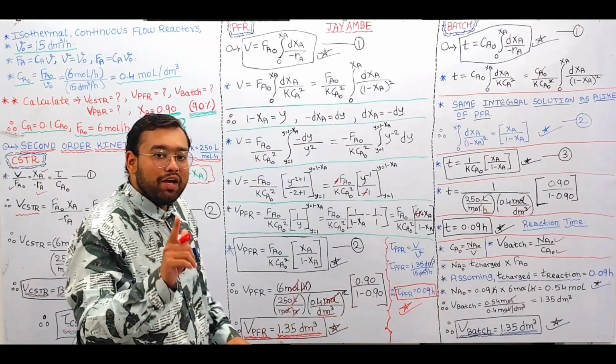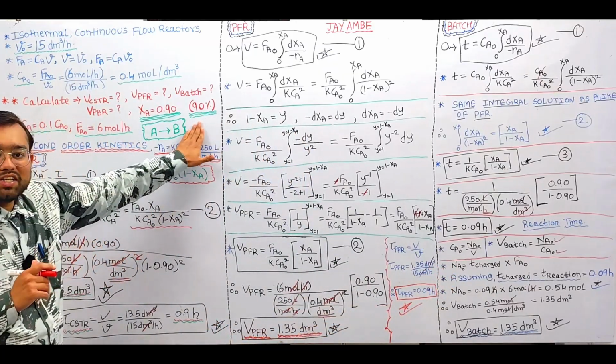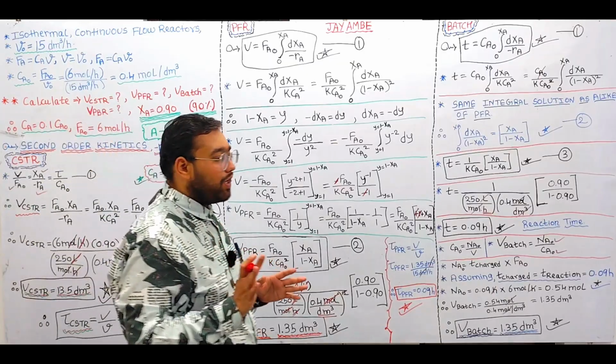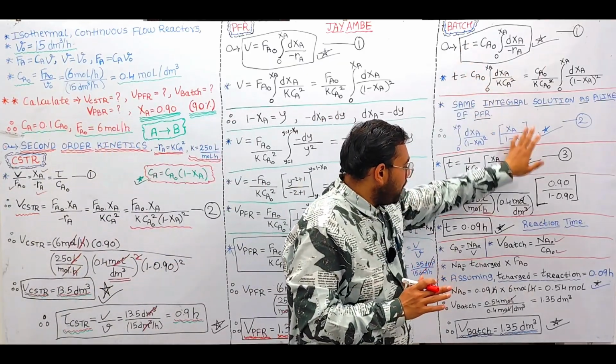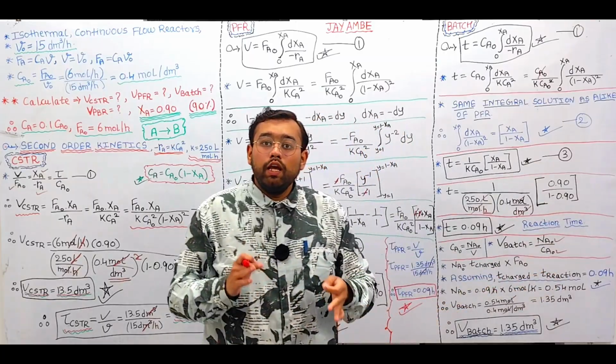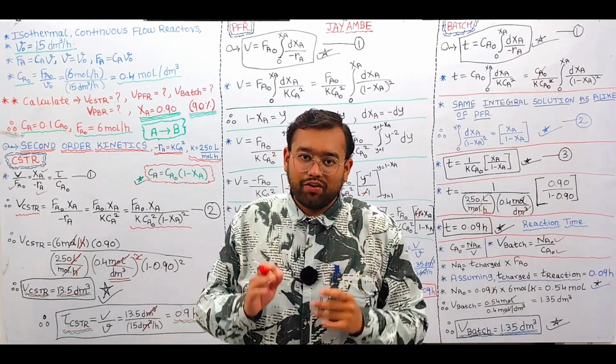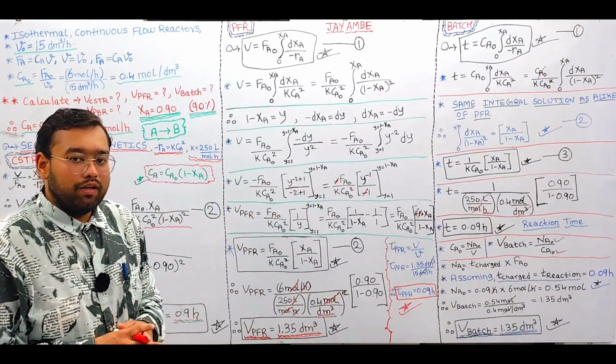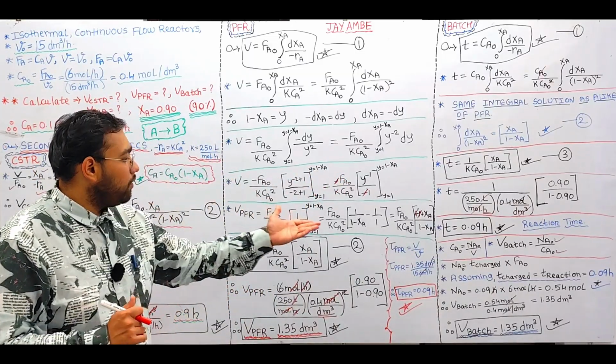I hope you have understood. So finally, we have completed the designing of the batch reactors for second order reaction kinetics. I request you to please make all the notes, okay?